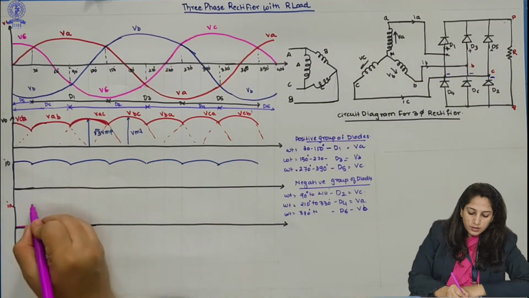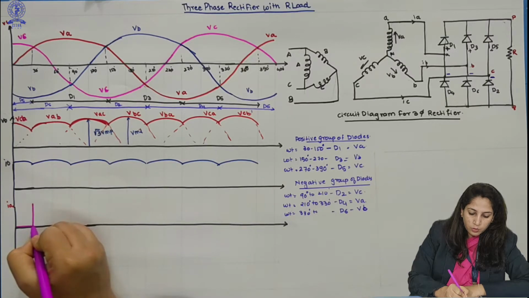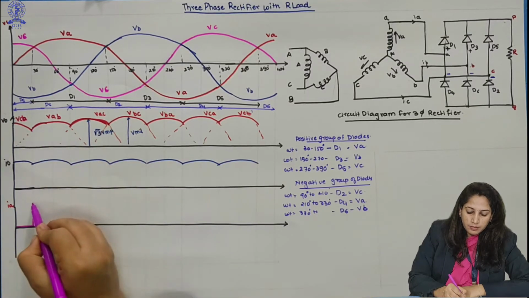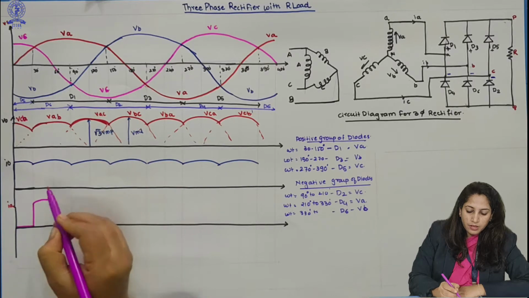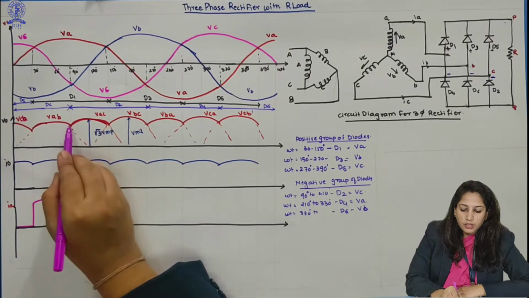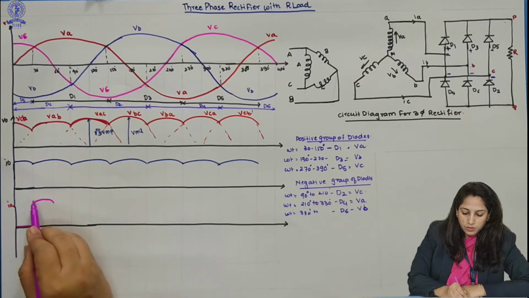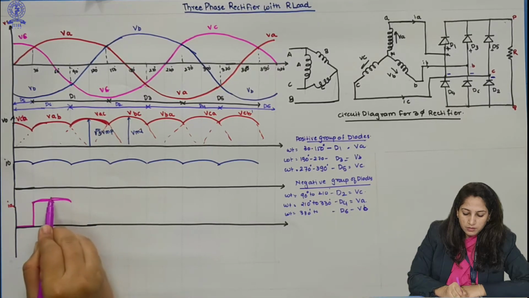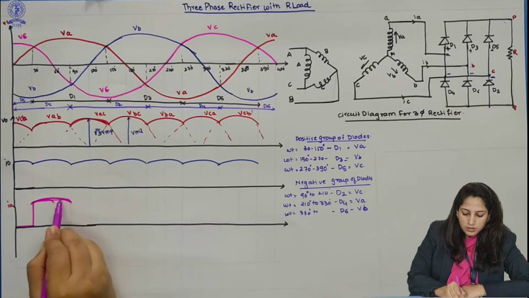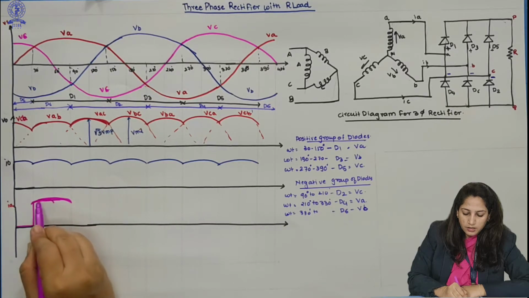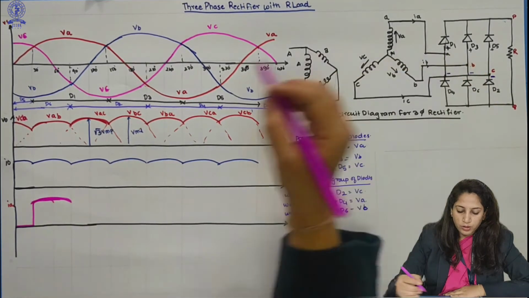So here current will increase, and it will be the same as our VAB. Again, for the next 30 degrees also it is VAB. So for these 60 degrees, current IA is flowing through this VAB.